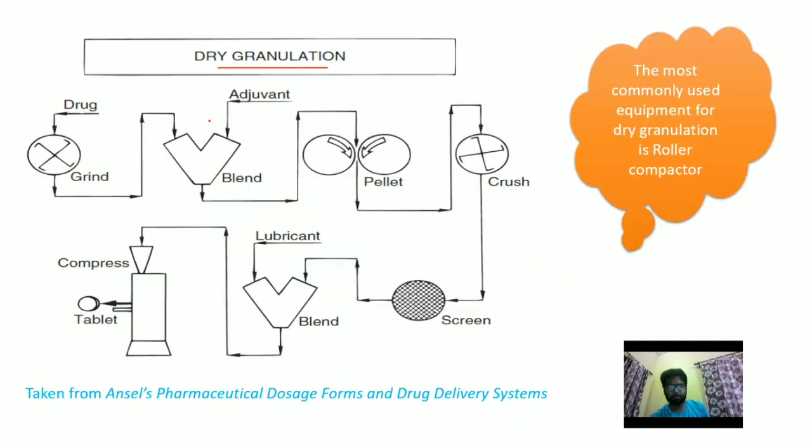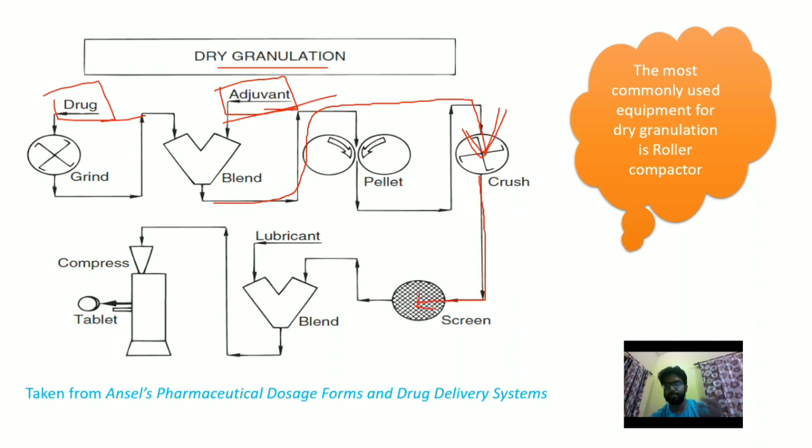Okay, and in dry granulation, first the size reduction of the drug will be there. After that it will be blended with some other adjuvants, and this blended mixture will go for crushing. Crushing means also size reduction. After that the crushed mixture will go for screening.